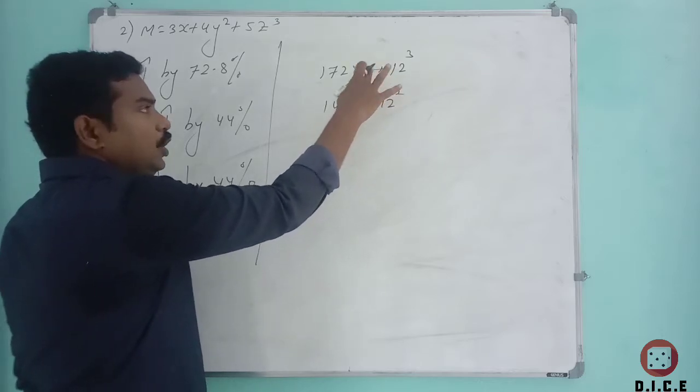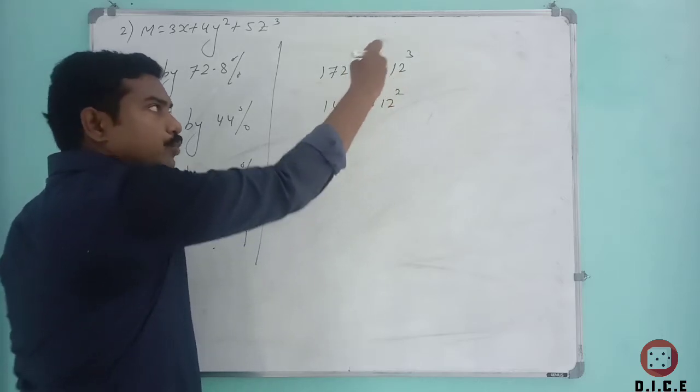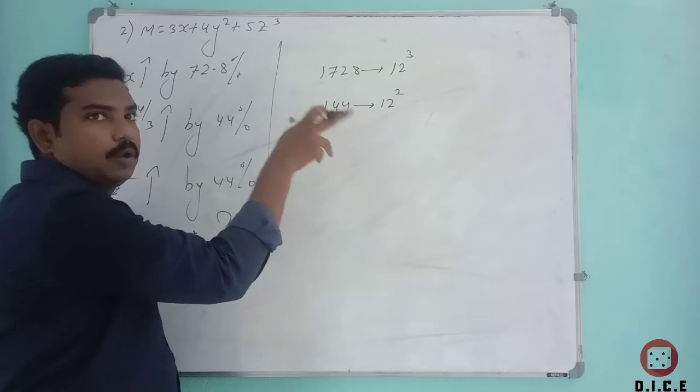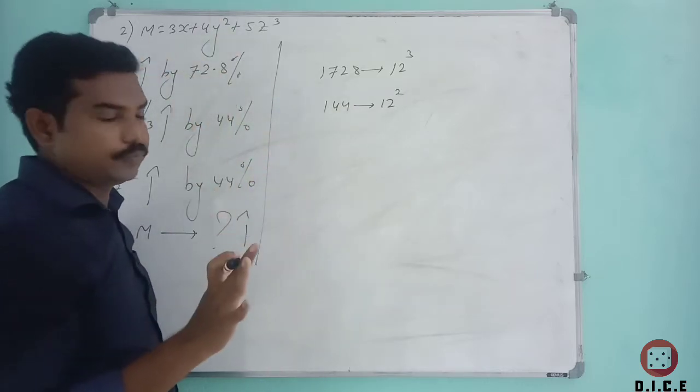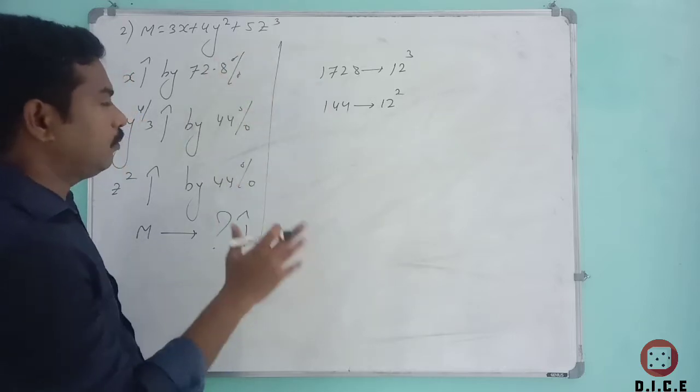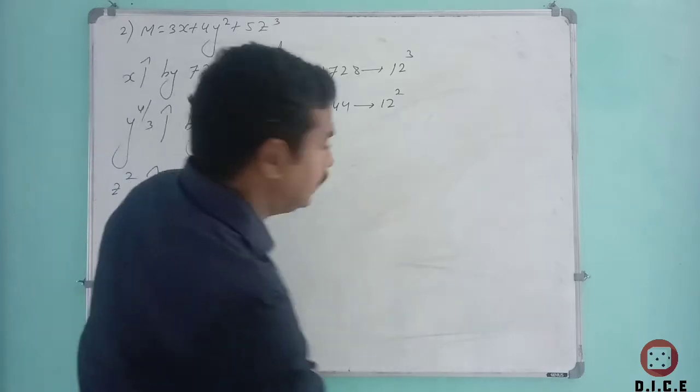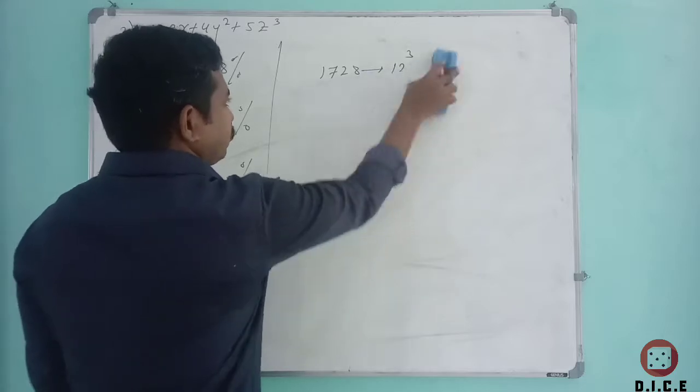When the same value is in the exponents of cubes and squares, definitely the answer will be the very first value he has given. That should be your answer. There is no doubt at all. So you have to keep in mind this thing. But if you want to do it in the detailed process, now let us check it out here.